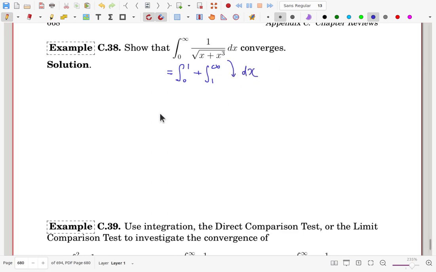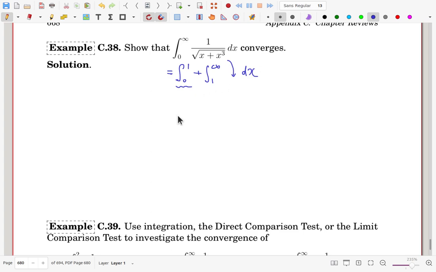For this region, we have to test. We cannot get the value because the antiderivative is not elementary, so it's not easy to get. However, we can see if it is convergent, and in fact it is convergent, so it is asking you to show the integral converges.